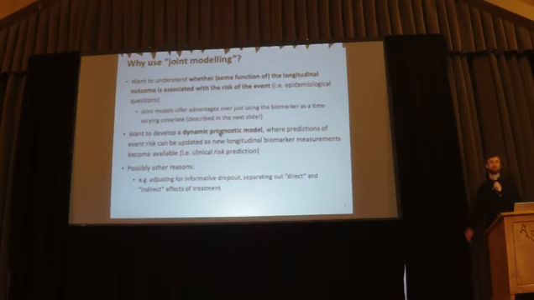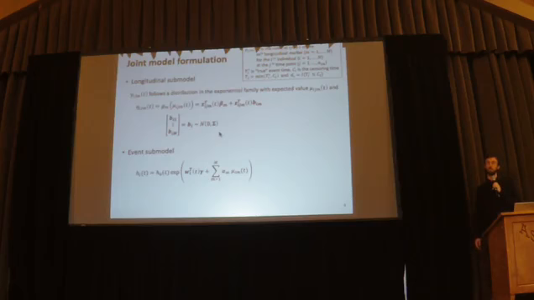We model that in continuous time, where we assume Y follows some distribution in the exponential family with some mean mu, and we link mu to eta through some link function g. So here we have a generalized linear mixed model, and we've indexed this link function g with a subscript m to show that the family and the link function can differ across the different biomarkers if we wish.